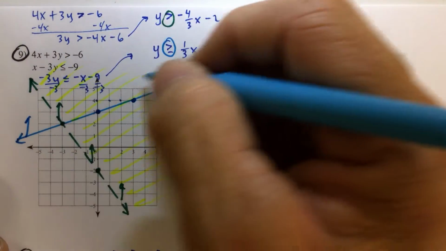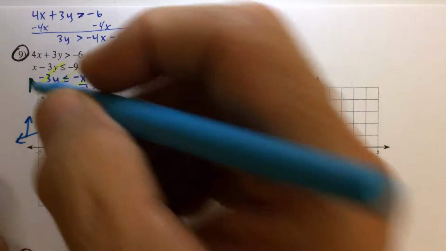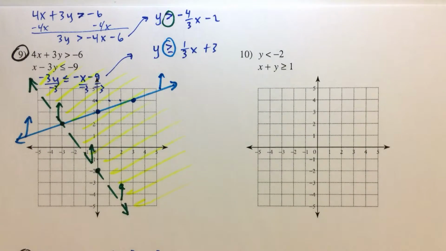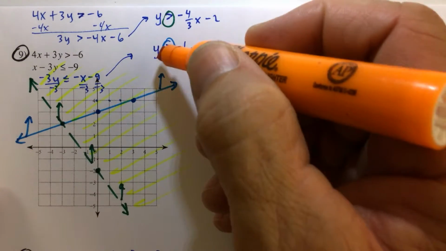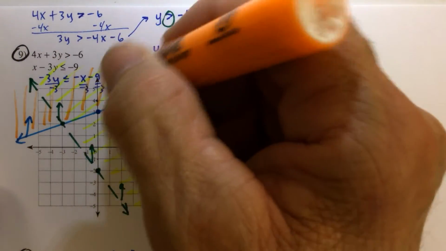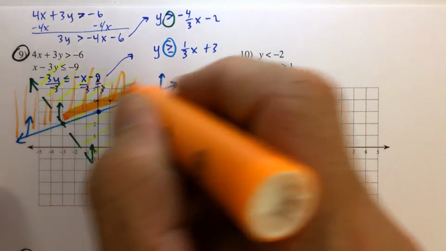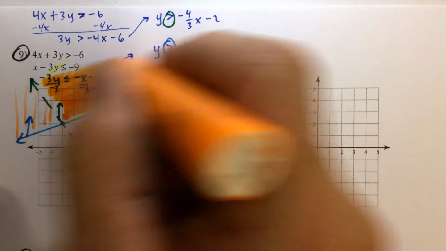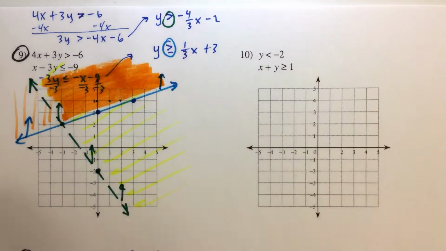So we're able to draw these graphs, draw the lines, we have the border, then we shade, and we're shading above because of greater than. We are clearly seeing this overlapping region here, which indicates that all of the ordered pairs in the overlapping region are the ones that make both inequalities true.